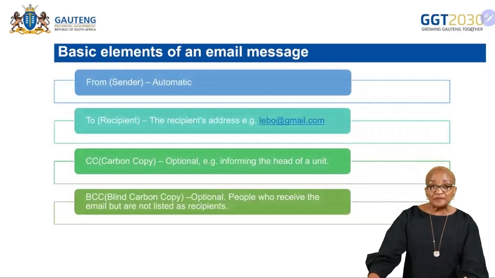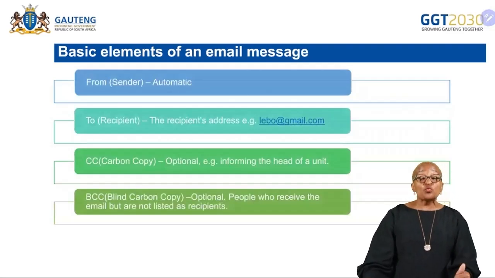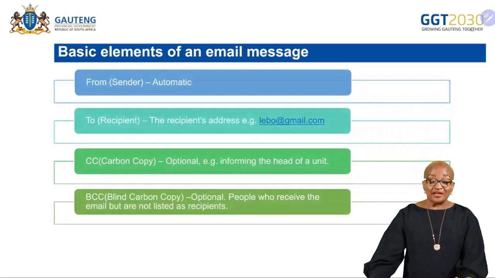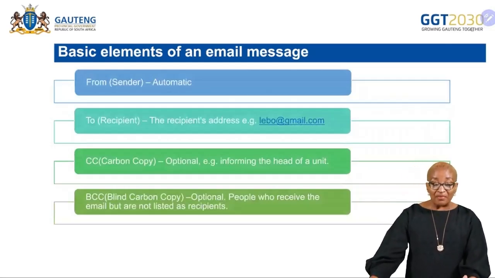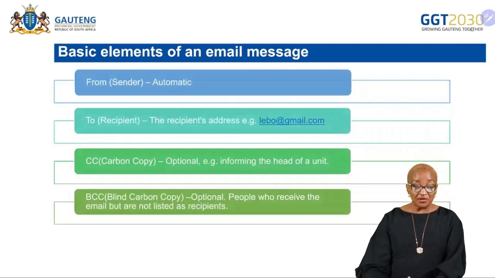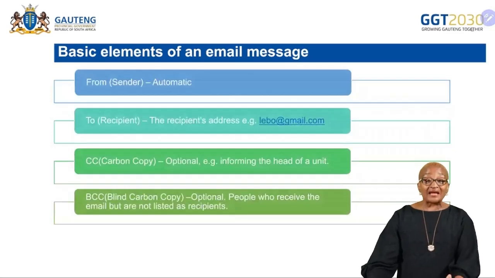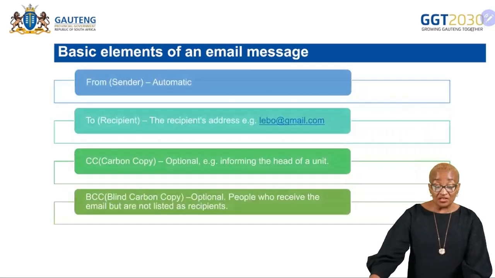What does that mean? It means, as the recipient, you wouldn't be able to see their names. That is why it's called a blind carbon copy. You wouldn't know who else has been sent the information. Unlike the carbon copy, with the blind carbon copy, you won't be able to see the names of the recipients.